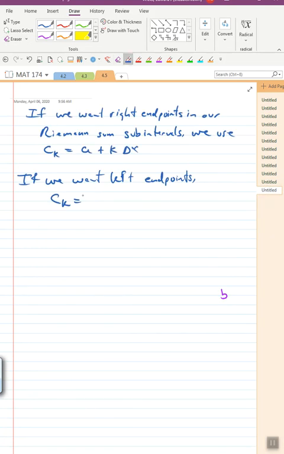I'll write it down and you see if this makes sense. Would that work? So if this is A, what's C1? Well, when K is 1, this part's 0, and you're just going to get A. Important though, what's C2?